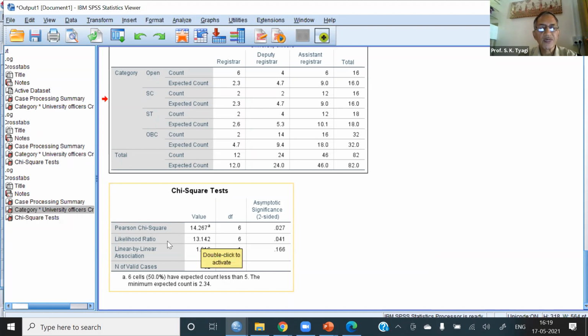This is the likelihood ratio, and it is interpreted in the same way. The significance value is 0.041, which is less than 0.05. Therefore, it is significant, and the hypothesis that there is no relationship between category and position is rejected. Further, we will have to resort to residual analysis.